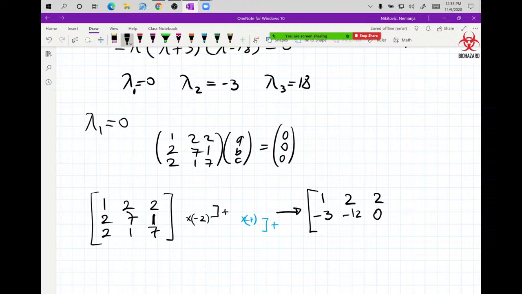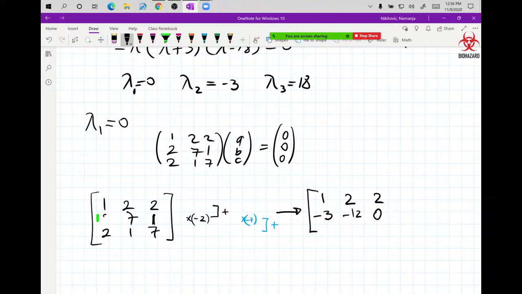So again, the way I'm doing this is -2 times 2 is -4, and then I add 1, which gives me -3. And then I repeat the same thing. 7 times -2 is -14, add these two, -12. And again, that's all collateral damage, because we were focusing on this calculation here. -2 times 1 is -2, plus 2 gives you 0, because we are after this 0 here. Now, the rest changed, but it had to change. I mean, we can't control that.